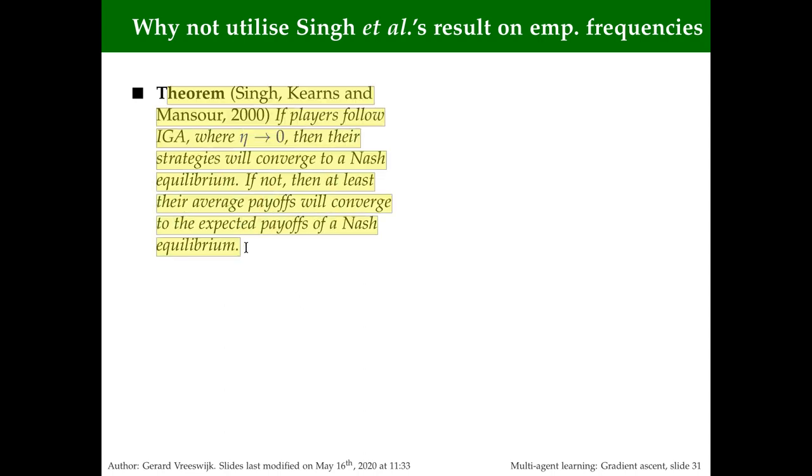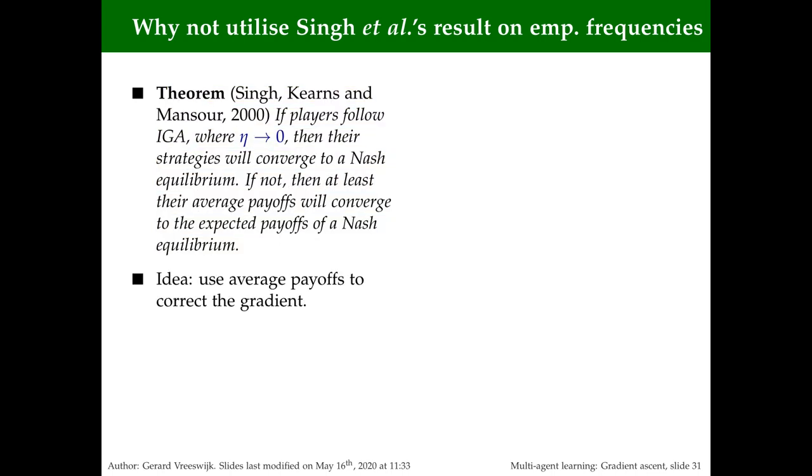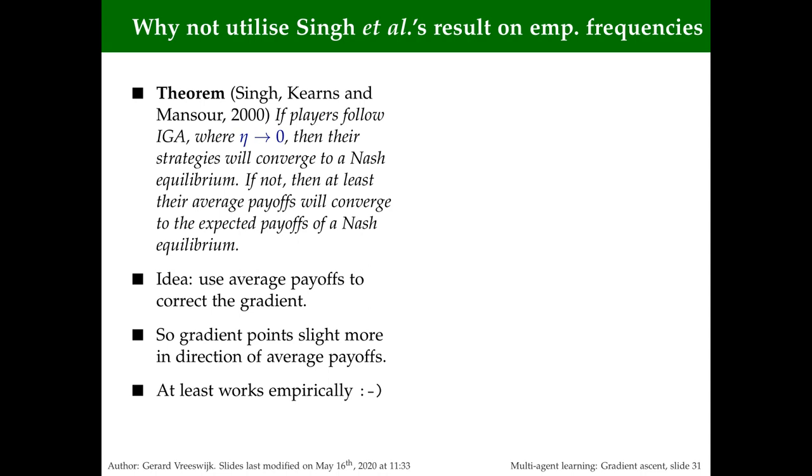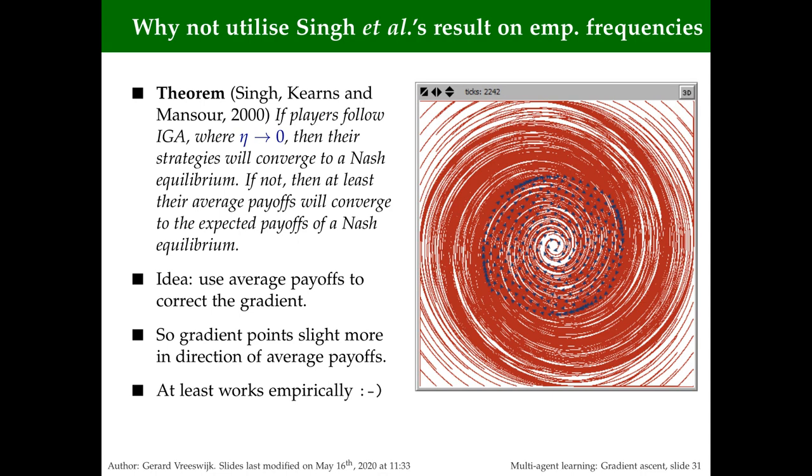This we already discussed, and we use this one. At least their average payoffs will converge to the expected payoff in Nash equilibrium. Well, then yes, use these average payoffs to correct the gradient. So the gradient points slightly more into the direction of the average payoffs, and then you'll get convergence without win or learn fast, with adaptation of the gradient.